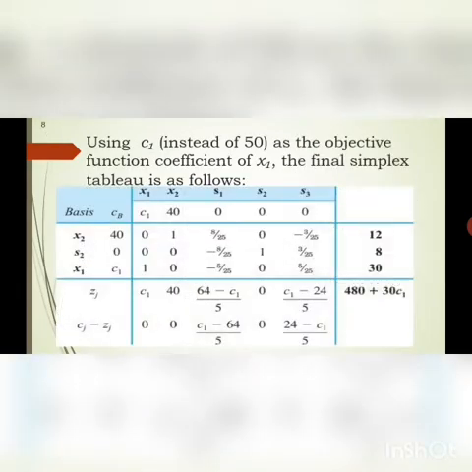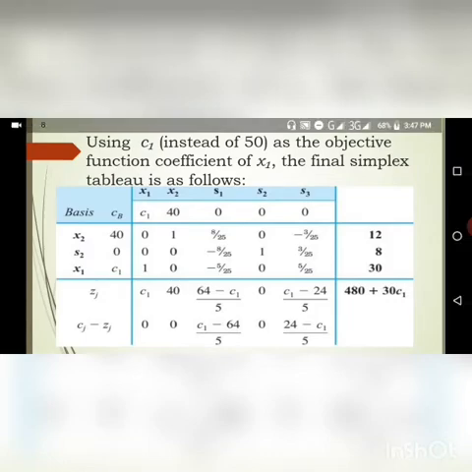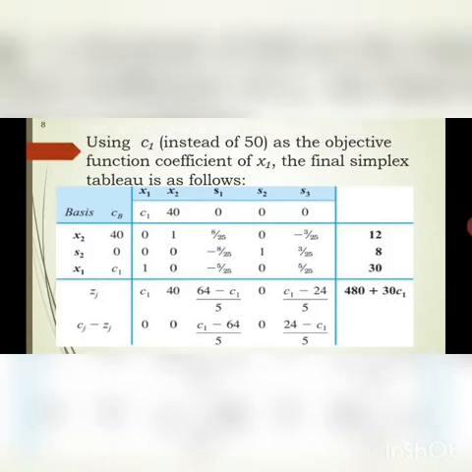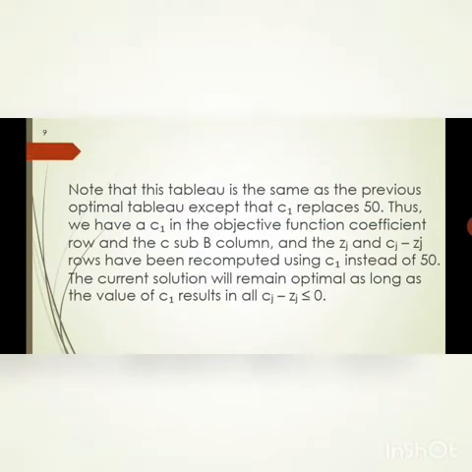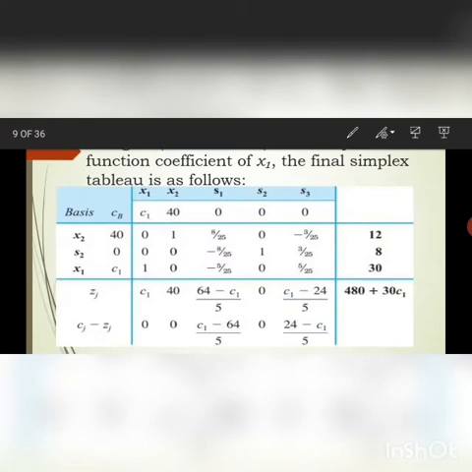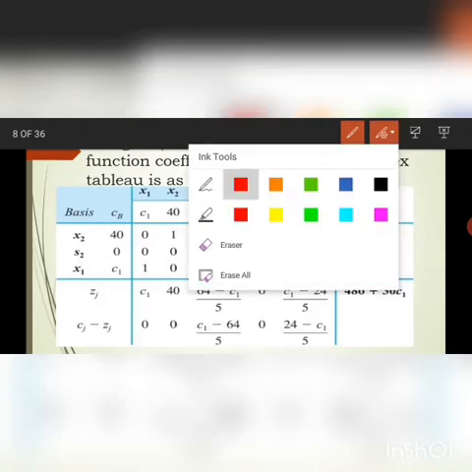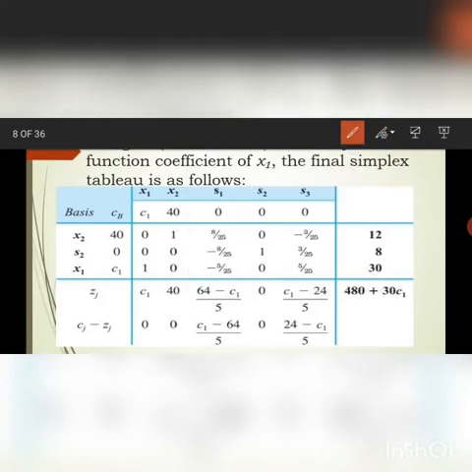Here, as you can see, for s sub 1, we have c sub 1 less 64 over 5 is less than or equal to 0.